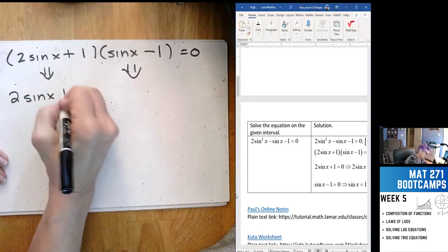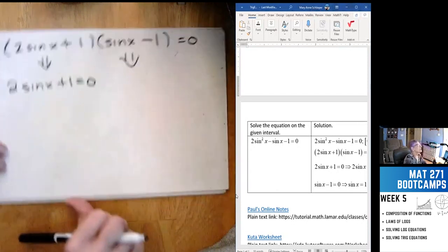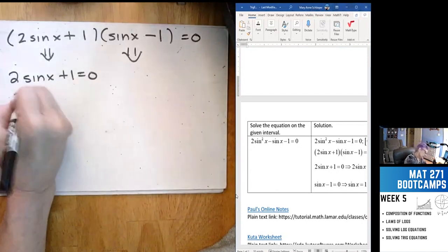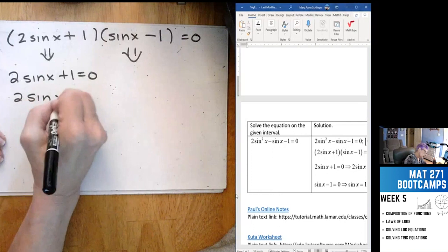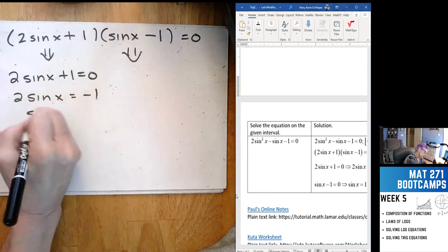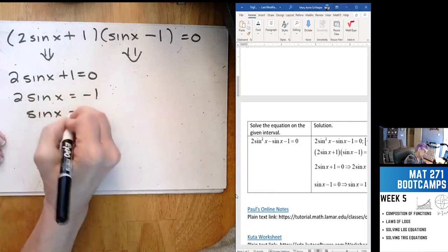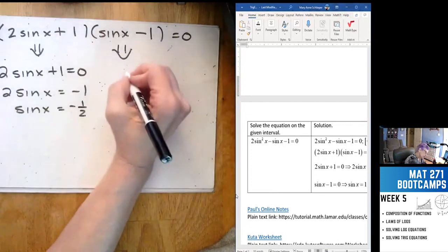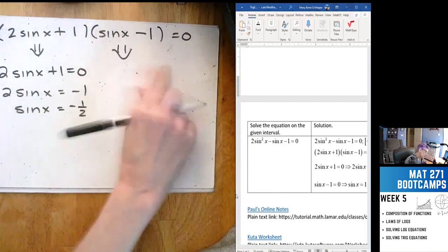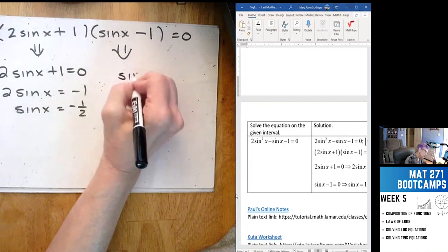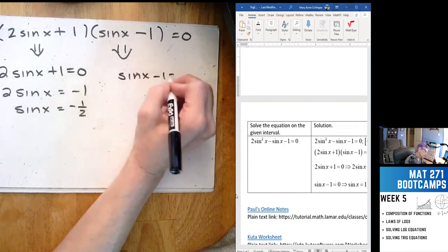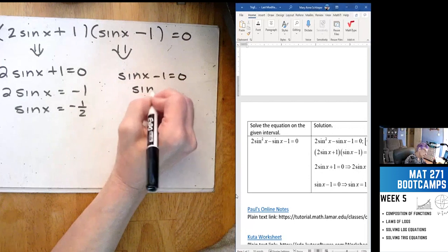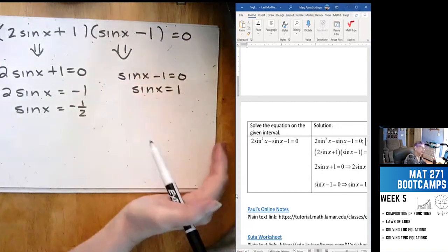Let me go ahead and put the steps in. 2 sine x equals -1. Sine of x is -1/2. And then over here, sine x minus 1 is 0. Sine of x equals 1.